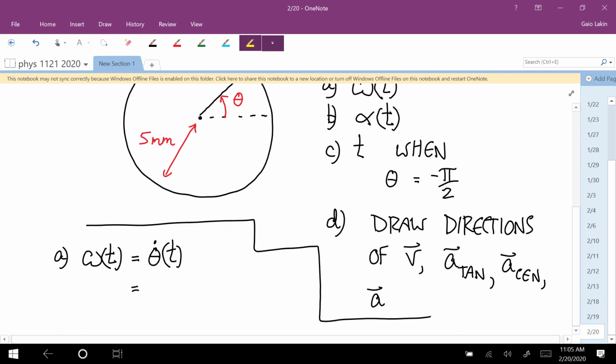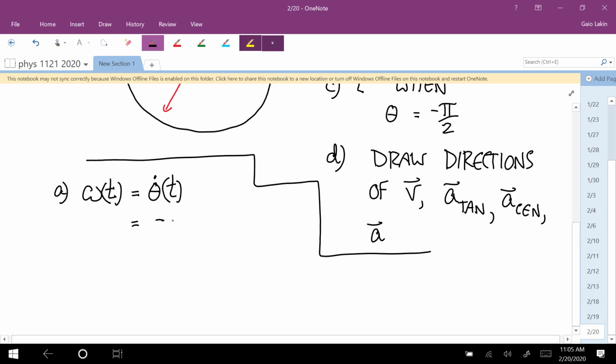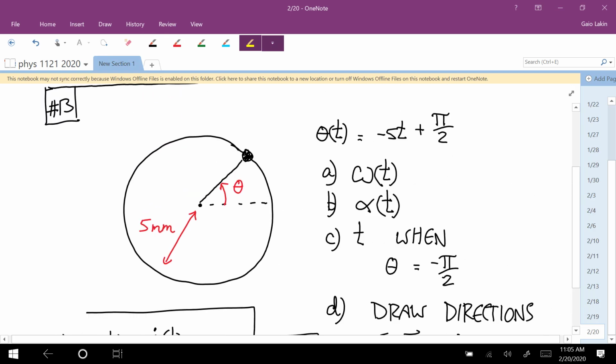And so that's just negative 5. And the units are radians per second. So if the angular velocity is negative, which direction around the circle is it going, clockwise or counterclockwise? Clockwise, yep.